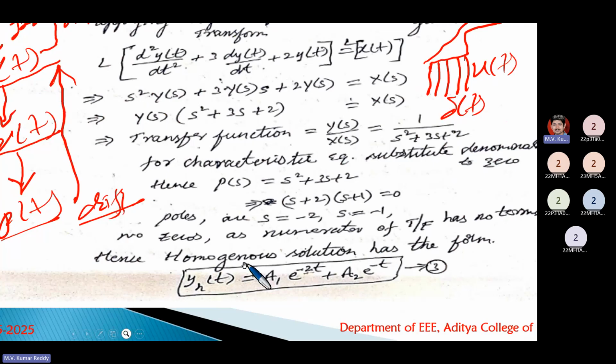The homogeneous solution is a1 into e power minus 2t plus a2 into e power minus t. You got minus 2, so e power minus 2t, and minus 1, so e power minus t. Second order ki ఇదే ప్రొసీజర్ ఇంకా.